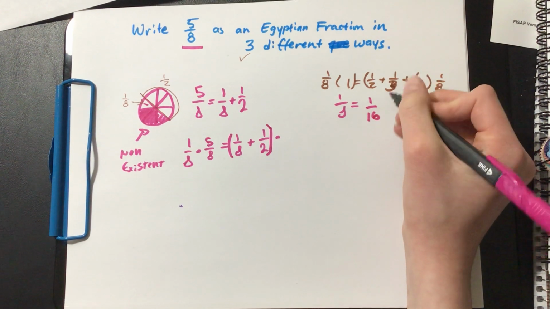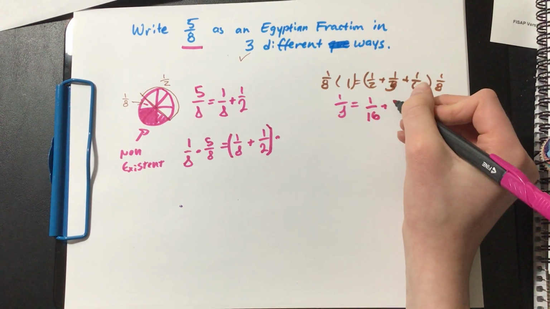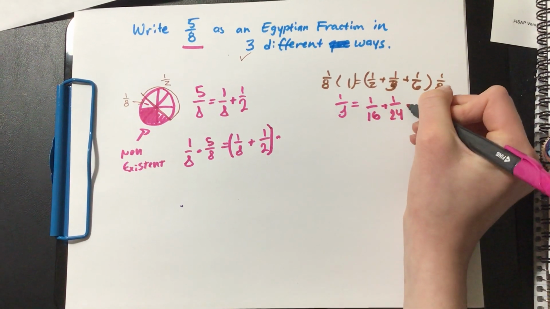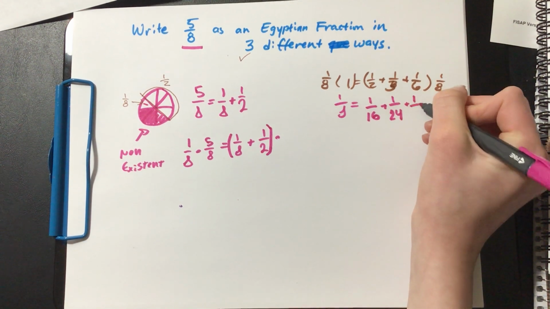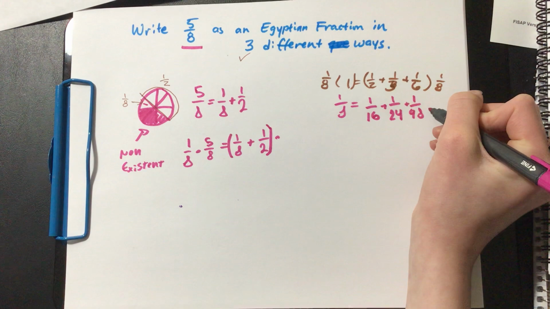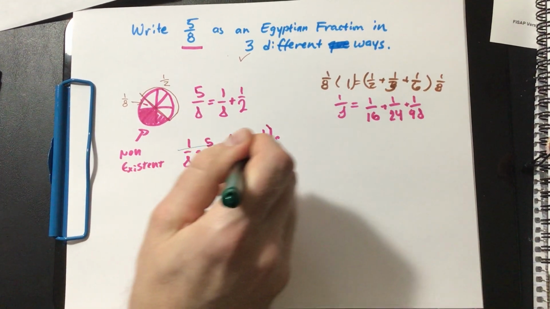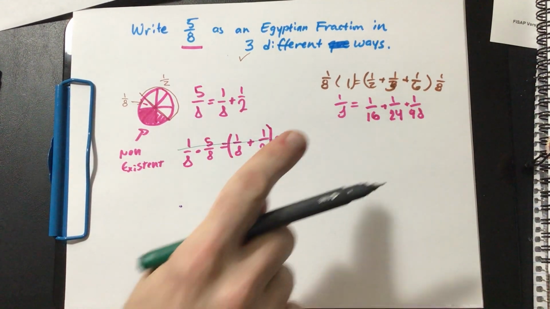Okay. Plus 1/3 times 1/8 is 1/24. Okay. Plus 1/6 times 1/8 is 1/48.